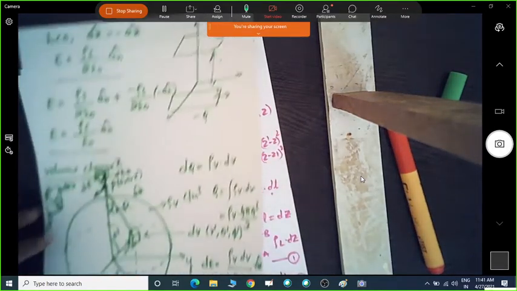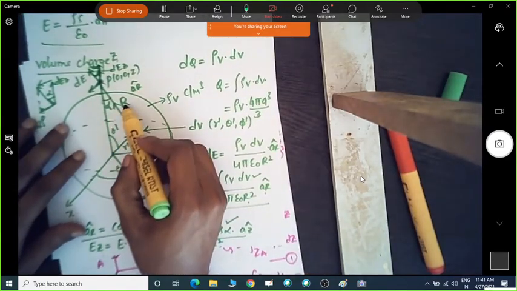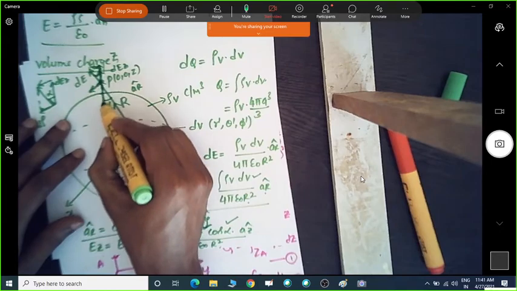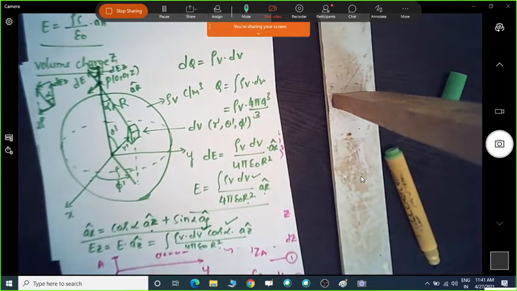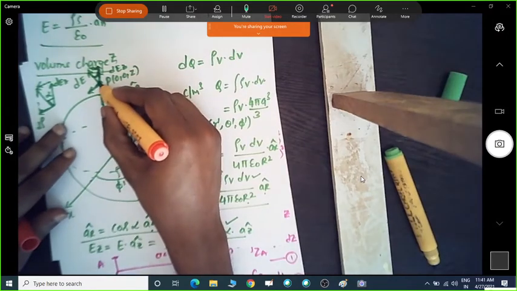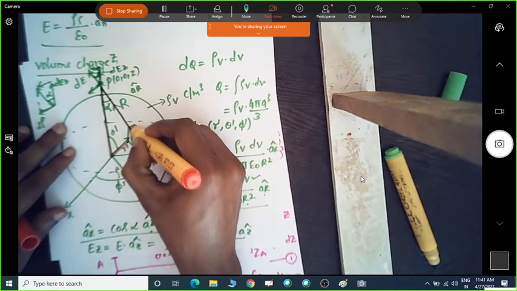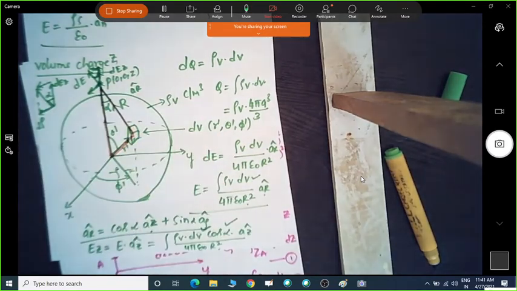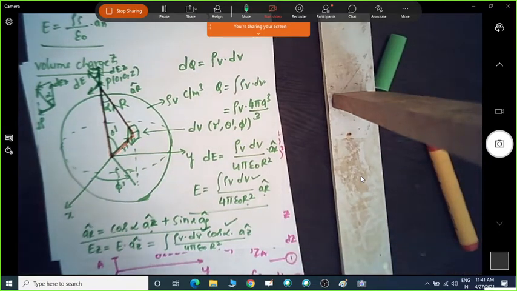Now in order to find the value of cos alpha, and also the value of r, take this triangle. I'll write it once more in a different color. If you take this triangle and apply the cosine rule, then we can get the expression for cos alpha as well as r.